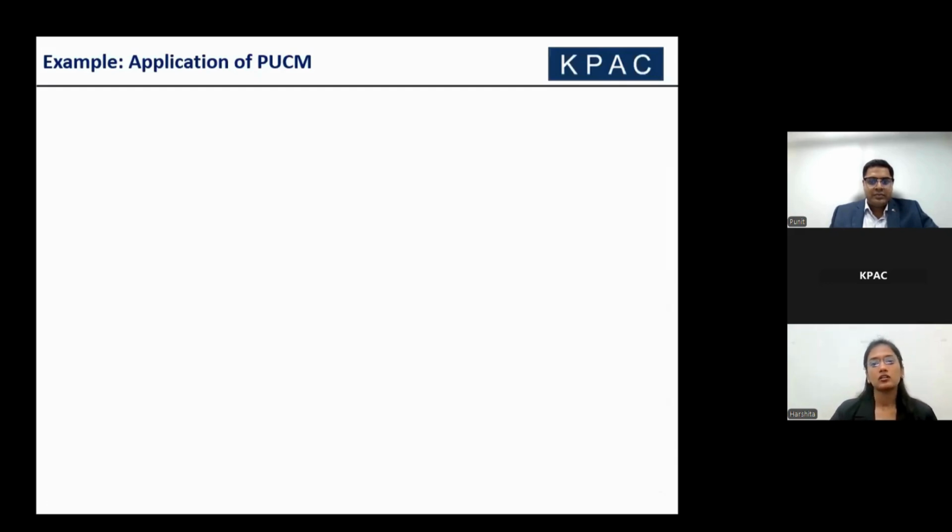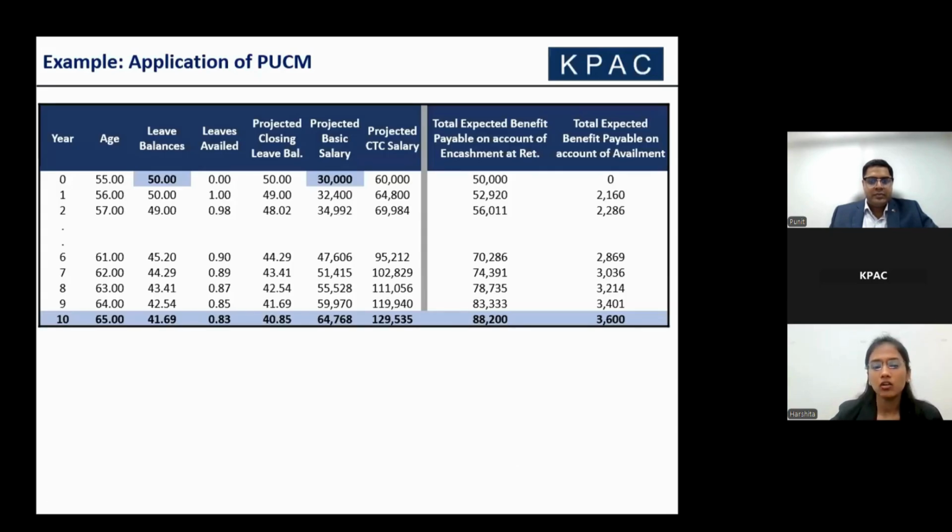So now we'll show the application of PUCM using the inputs as shown below. While it looks like a lot of numbers, let me break down the core idea. Here we can see that for each year, we are projecting the employee's age, his projected leave balances, and the expected leaves availed.